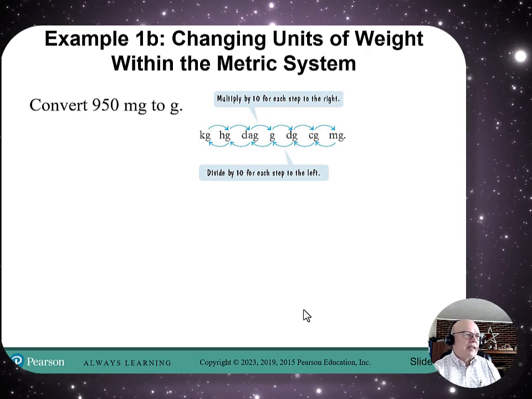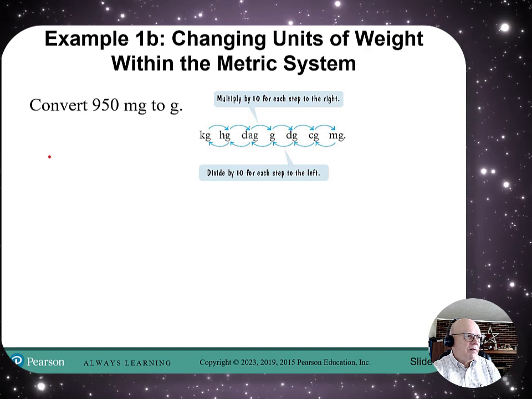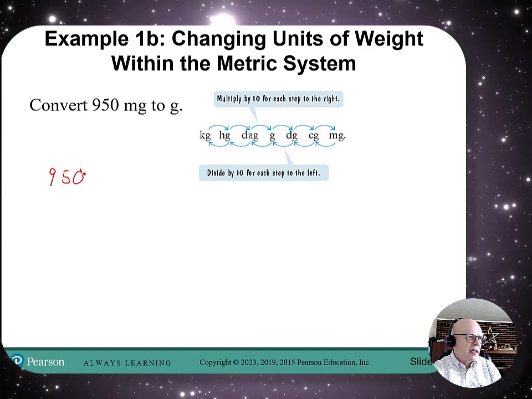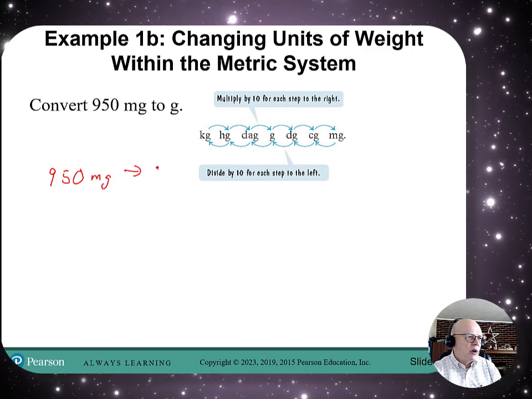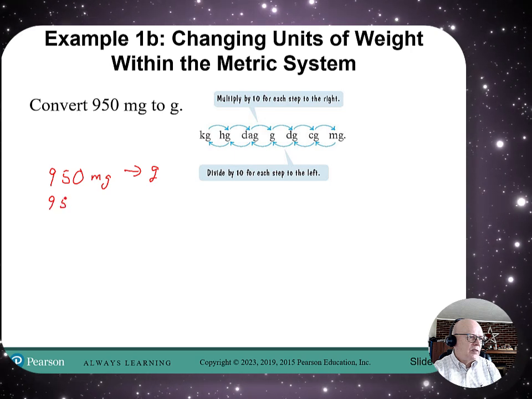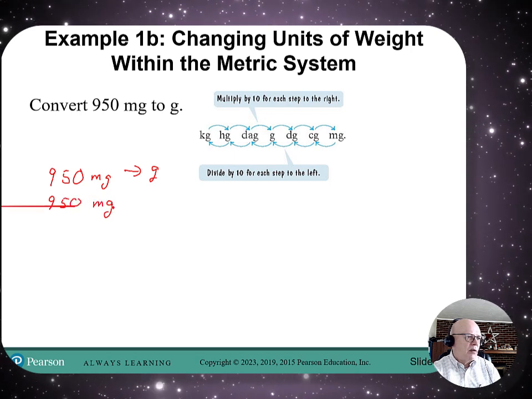Now, how do we change them? Well, if you followed me before, here's 950 milligrams, and we want to go to grams. So here's my way of doing it, and you can choose whichever way you like to follow.